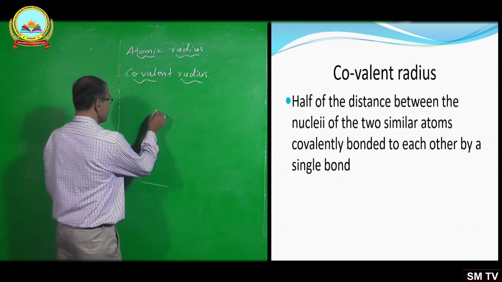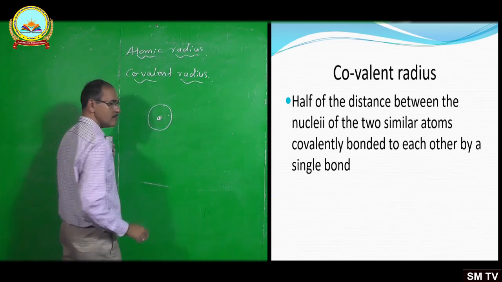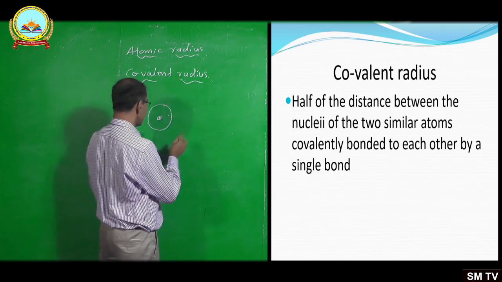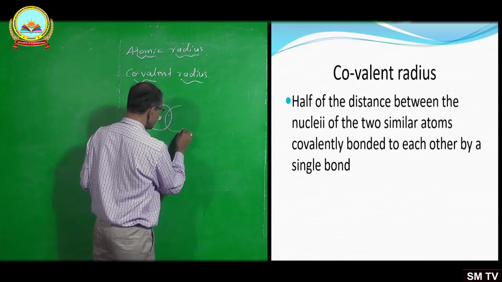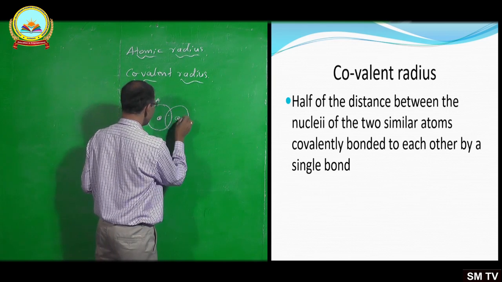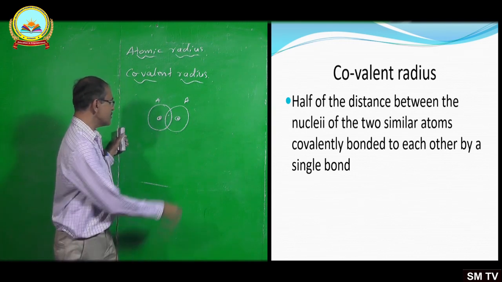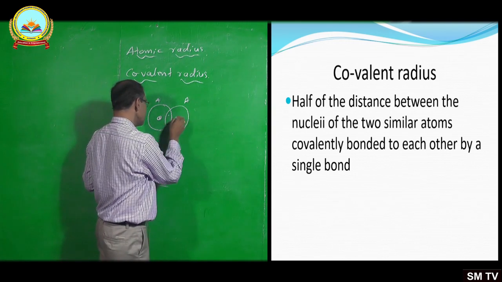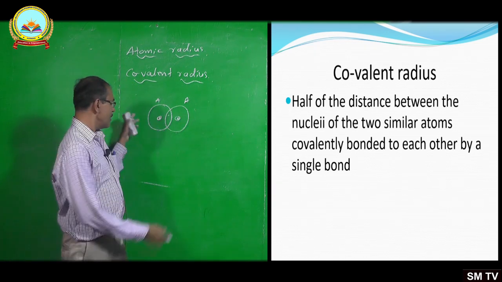Take two identical atoms, atom A and another atom A, each with its own nucleus.